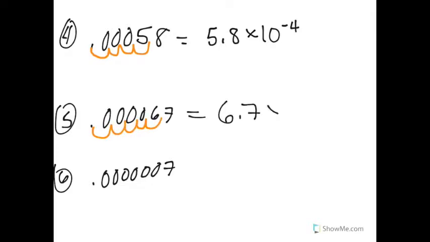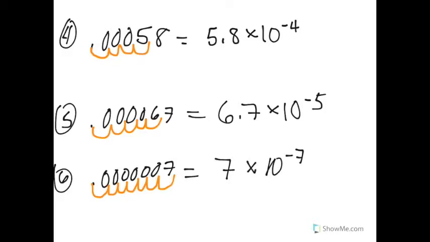Now it's 6.7 times 10 to the negative 5. There you go. Finally, number 6, we'll move the decimal point over 1, 2, 3, 4, 5, 6, 7 places. So this will be 7 times 10 to the negative 7.